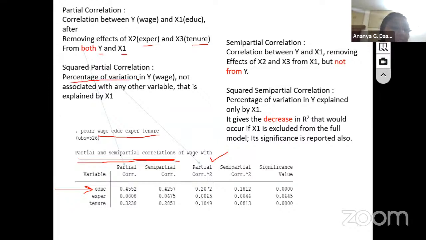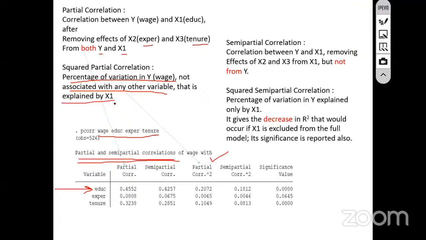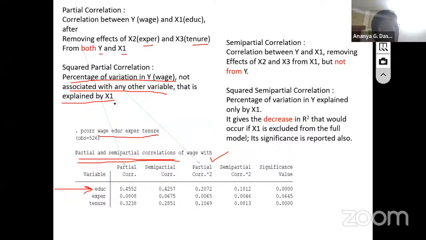It's giving you the percentage of variation in Y which is not associated with any other variable, neither education, experience, nor tenure, which is explained by x1. So about 20% of the variation in wage unrelated to experience or tenure is explained by education.